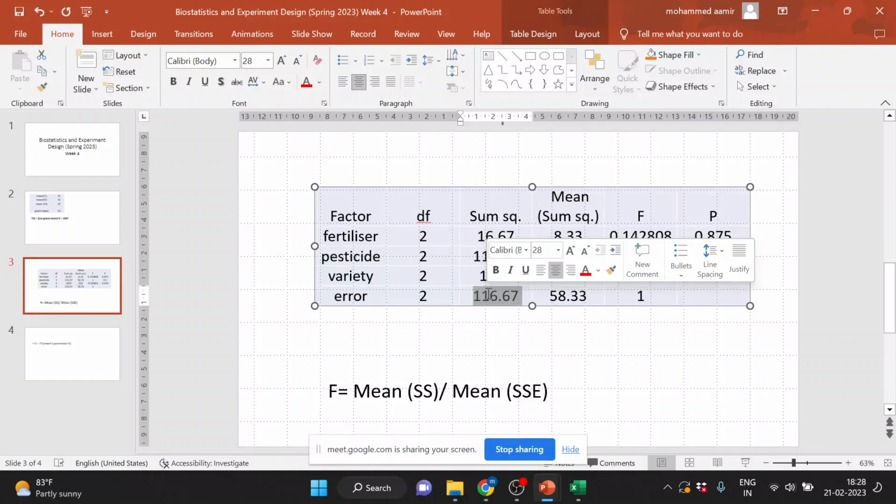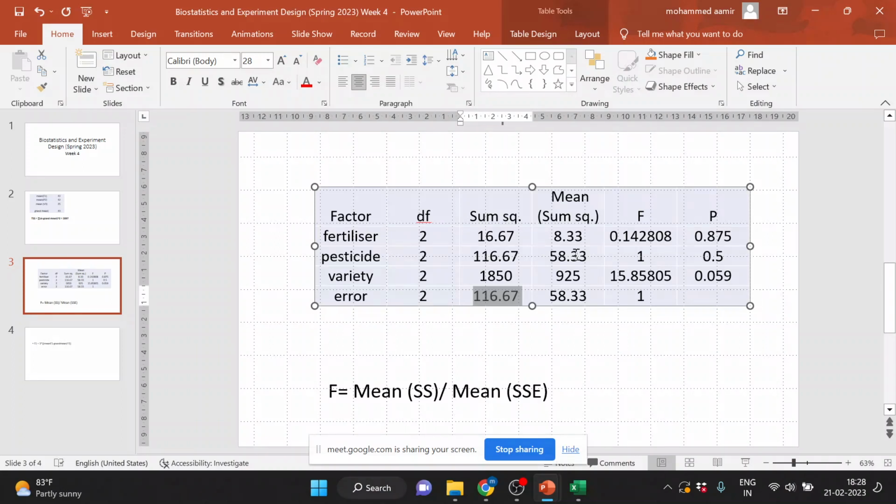Did you get that? And how about the mean sum? Each value divided by its degrees of freedom is the mean sum of squares. So 8.3, 16.6 divided by 2 gives you this, 116.6 divided by 2 gives you this, things like that. Okay, sir.